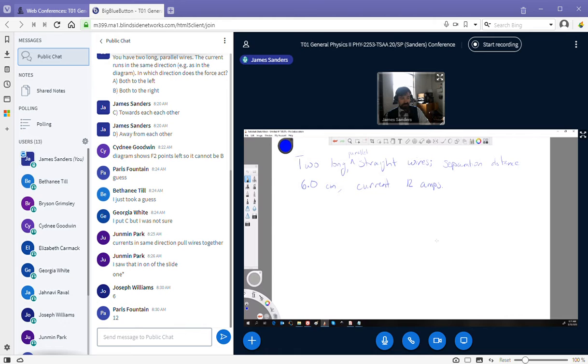Current, we could either make it go in the same direction or opposite direction. For the example that I want to work here, it doesn't really matter. We're just going to figure out magnitudes. So determine A, the magnitude of the B field that could be produced by wire 1 at the position of wire 2.